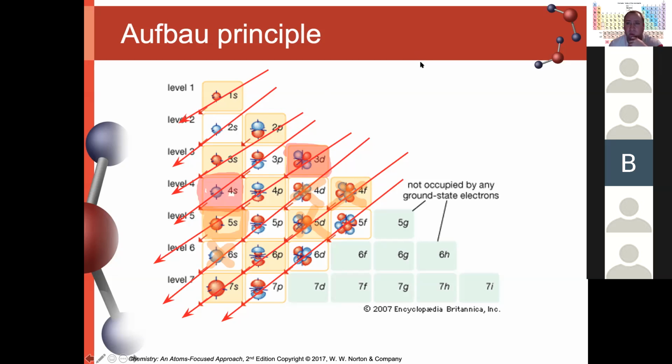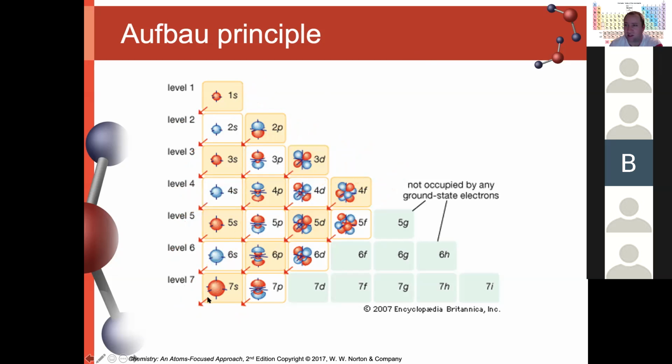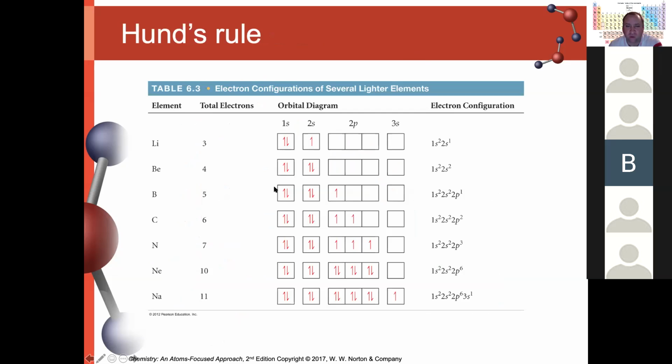Now, the reason I don't use this is, A, it's just rote memorization. It doesn't really do anything. And B, there's an easier way, and we'll get to that easier way in just a second. Hund's rule, we kind of talked about that already. You can see that as we build up according to our Aufbau principle, we fill the 1s first.